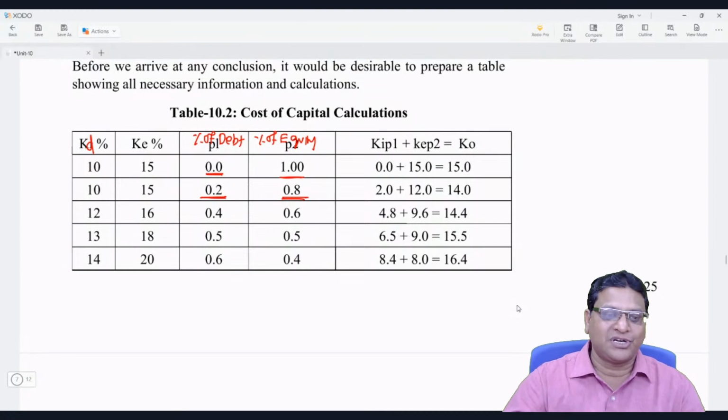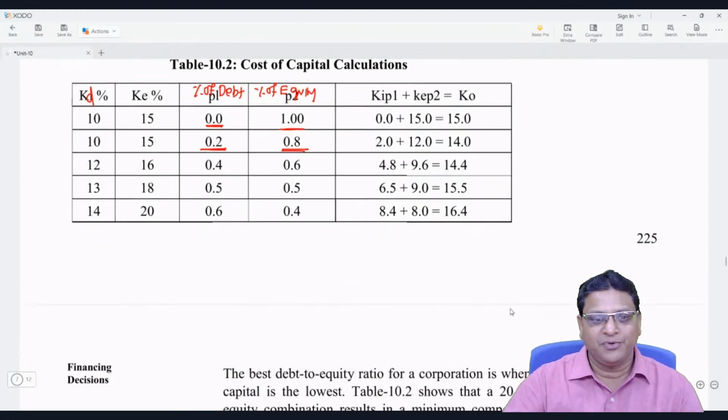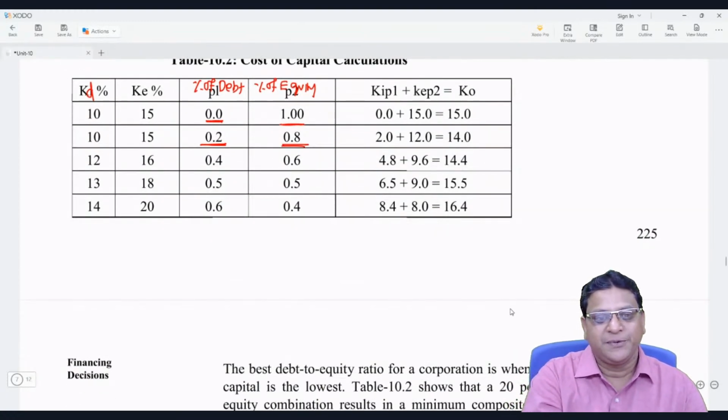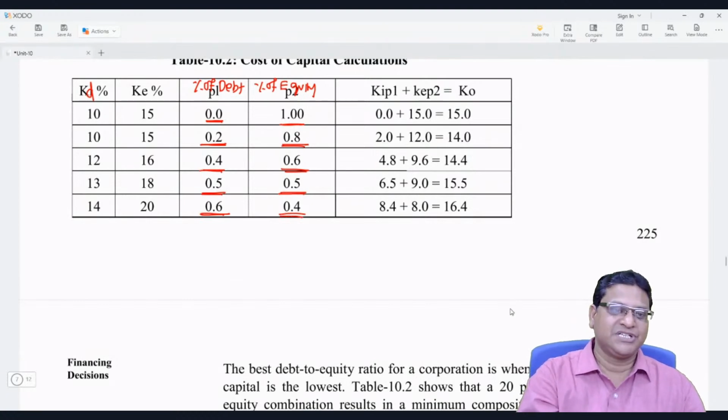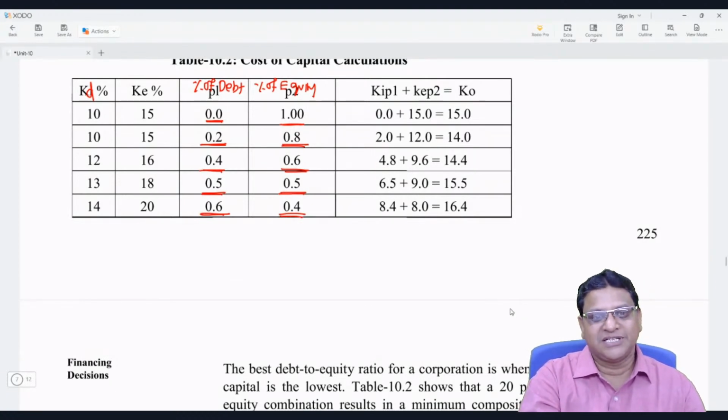If you use 40% debt, you have to use 60% equity. If you use 50% debt, you have to use 50% equity. If you use 60% debt, you have to use 40% equity. So this is percentage of debt, WD, and this is percentage of equity, WE.